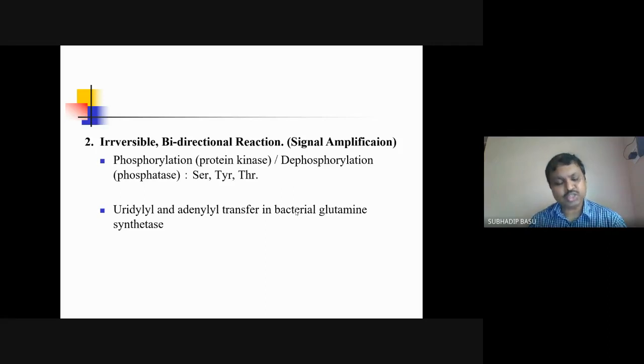And dephosphorylation is also possible. So phosphorylation, as long as the phosphate is attached, and then again it can be dephosphorylated. The same protein can be dephosphorylated, and that is an enzymatic reaction, please remember.